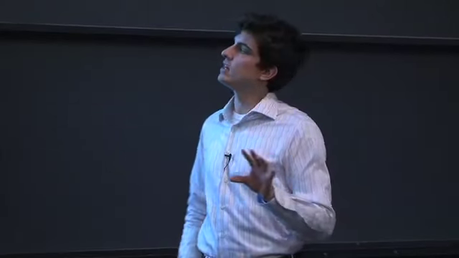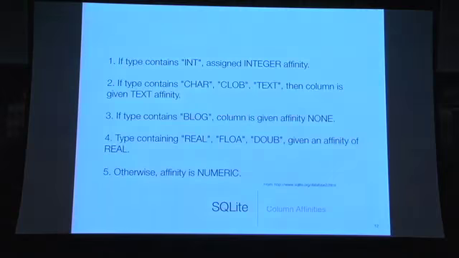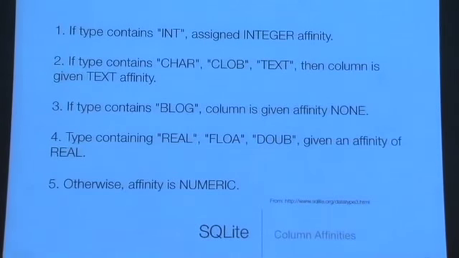Now, if we take a look at column affinities, how it actually breaks down a typical create table statement into these various type affinities just follows a variety of rules that look like this. And again, all of this is found in the documentation. I highly recommend that you take a look at it.